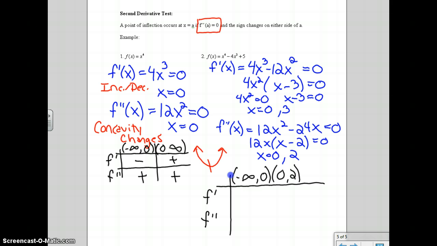Our next change occurs at x equals 3, so we'll include 2 to 3. And then we always want to finish off our domain from negative infinity to positive infinity, so we'll include from 3 to infinity. I can just fit it on my page. All right, so let's go ahead and choose a few test values so I can set up my entire sign diagram.